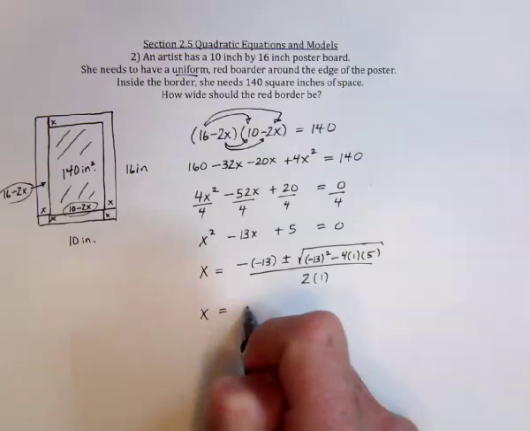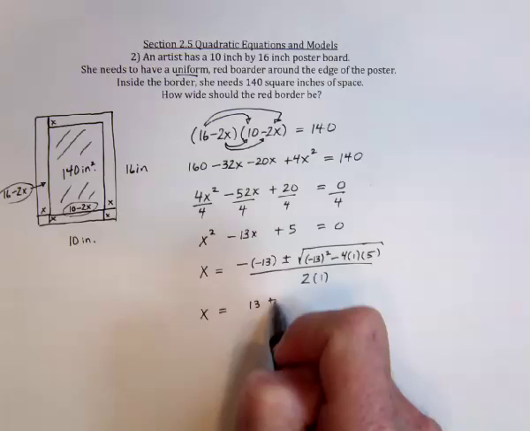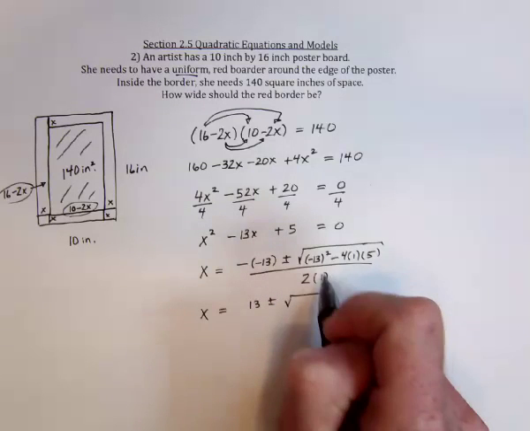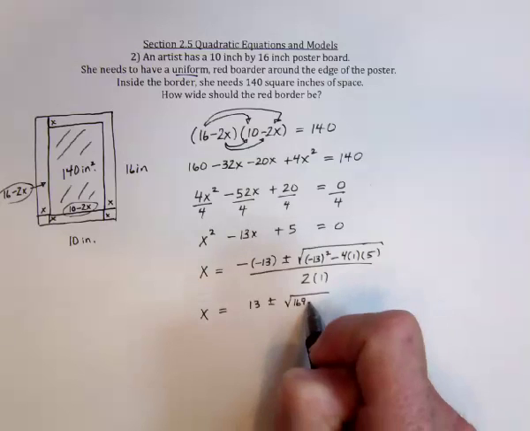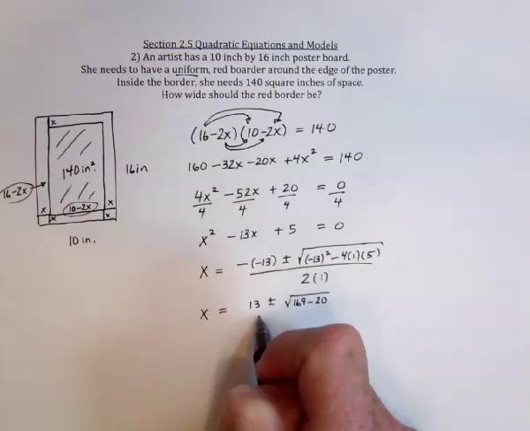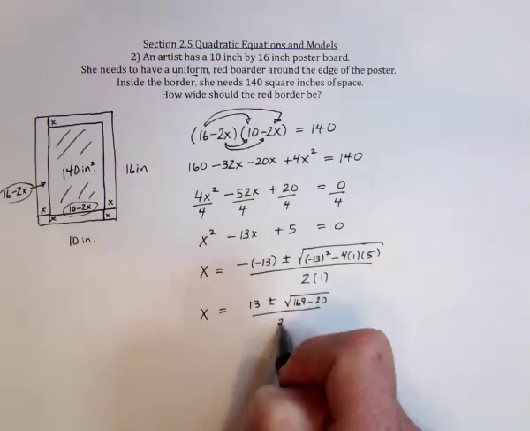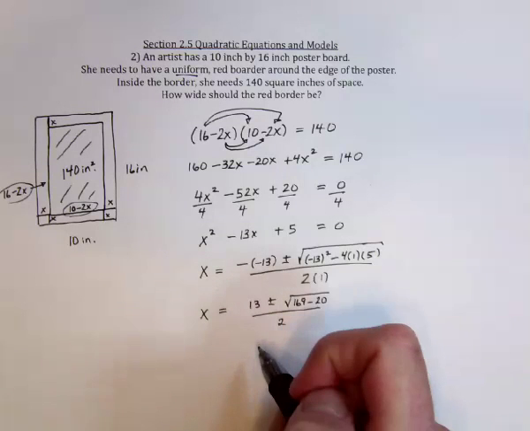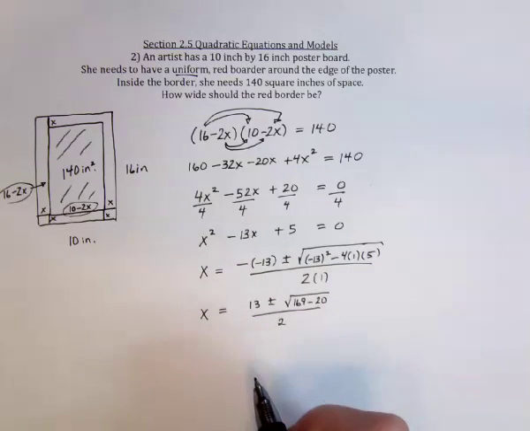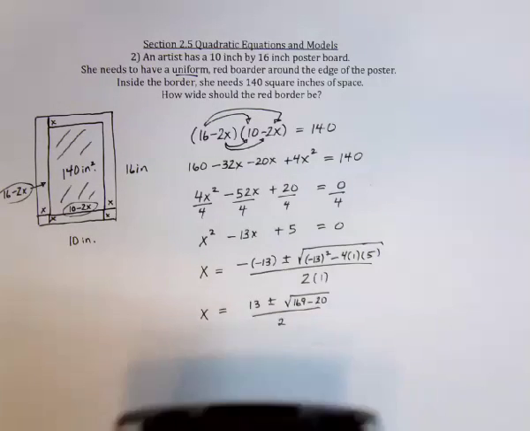We've got x equals positive 13 plus or minus, let's see, 13 squared is 169 minus 20. And then divided by 2. And then I should get a decimal answer. It's possible that there's two answers, but let's see.